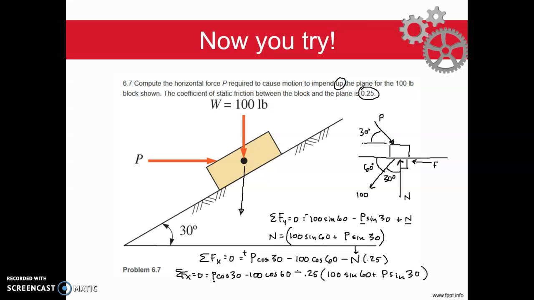So now I have just one unknown variable, P.